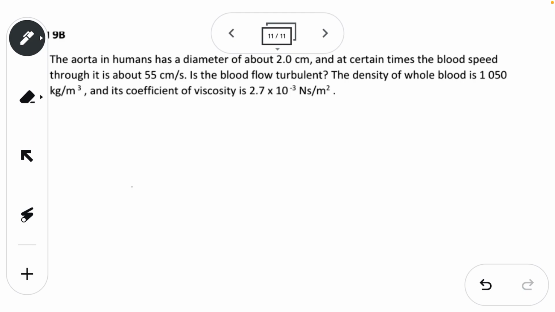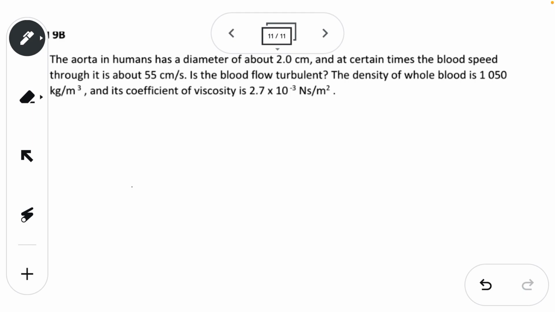Turbulent flow simply means the type of flow which is not smooth. We know in the aorta, since blood is pumped from the heart, the flow is not constant. It's not smooth, it is pumped in pauses.